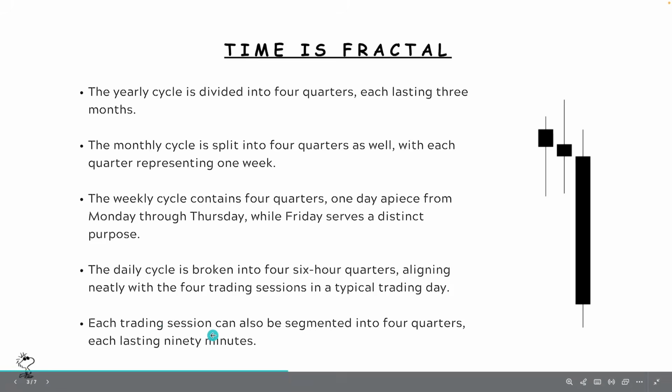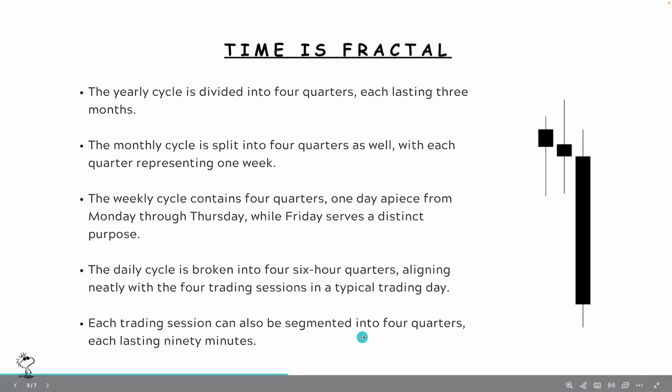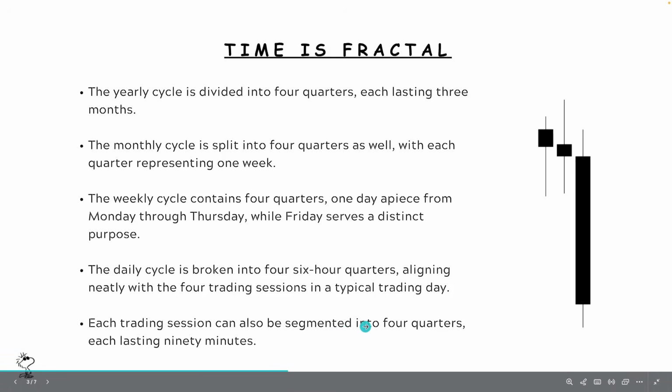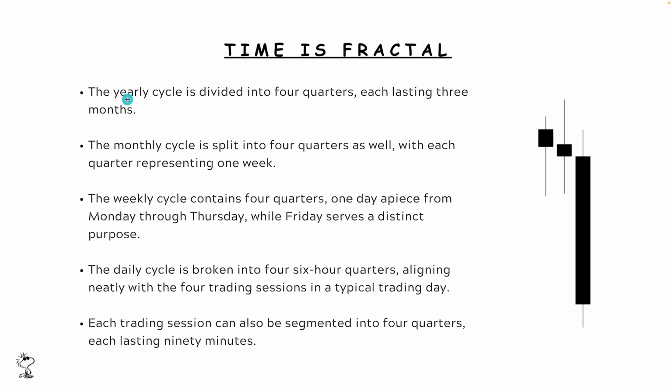Each trading session can also be segmented into four quarters, each lasting 90 minutes. Don't let this confuse you. What this is telling you is that between each yearly cycle, there are four quarters, each quarter being 3 months. Each 3 months, you're also going into a fractal level: there's a monthly cycle, and between the month there are four weeks. Between each week, there are four quarters.